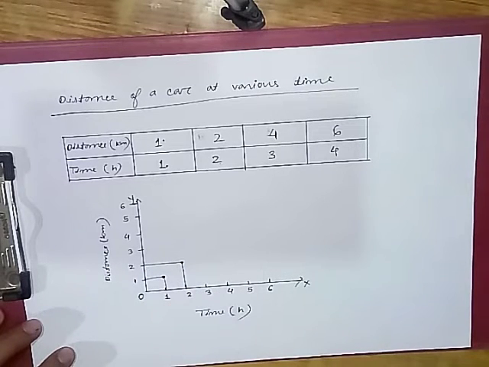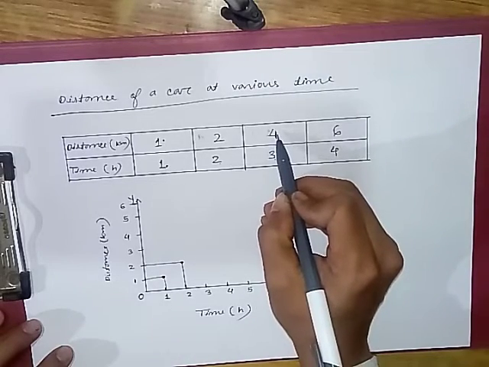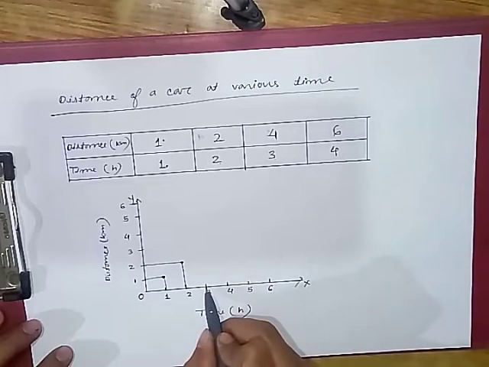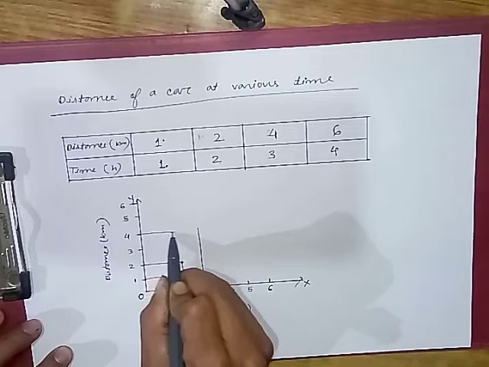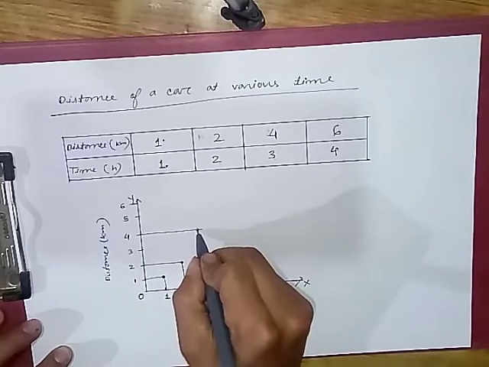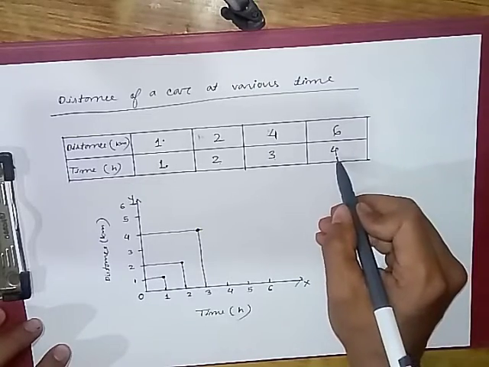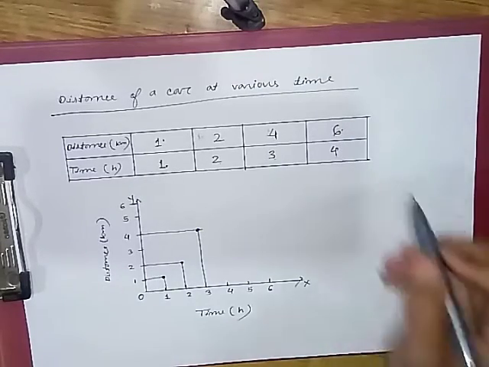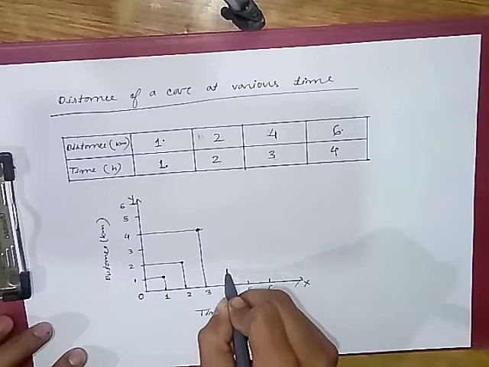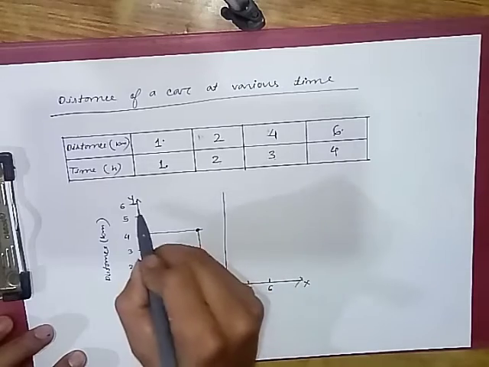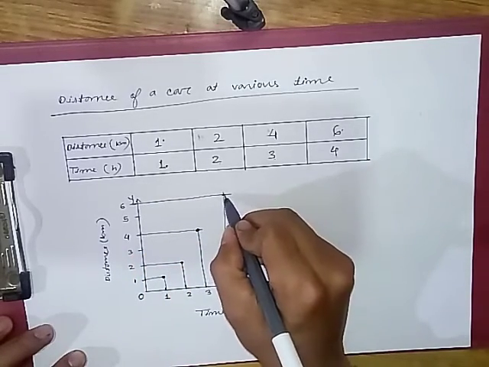In 3 hour 4 kilometer. So here it intersects. Then in 4 hour, 6 kilometer. The car travels during 4 hour how much kilometer? 6 kilometer. That means they intersect at this point.